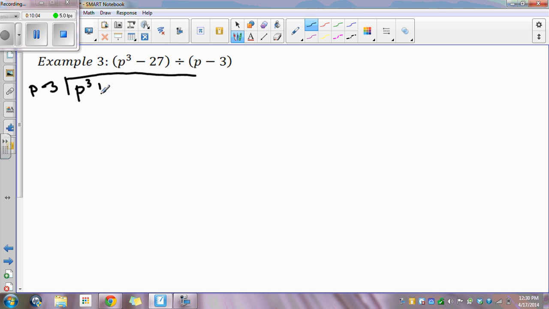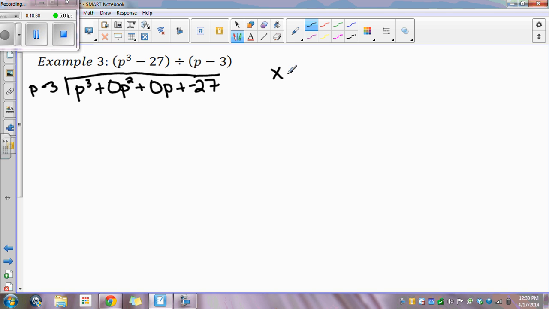And I taught you today that you put in a 0p squared. It's not changing the problem, it's just helping us do the math right and keep it organized. Same thing, there isn't a p value either, but there is a negative 27 at the end. Okay, that'll help us get the right format for our synthetic division.